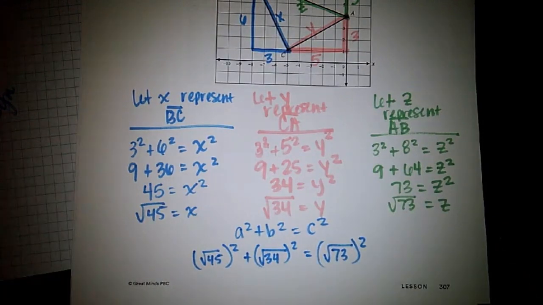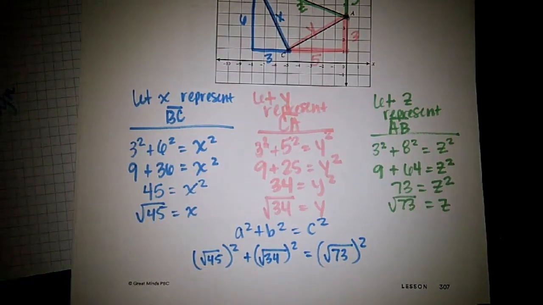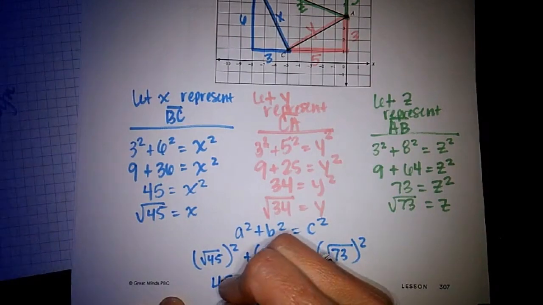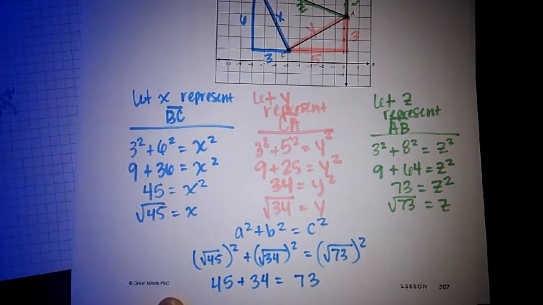Looks way scarier than it is. Check it out. What happens when you have a square and a square root? It equals the number under the radical. So now we have 45 plus 34 equals 73. What's 45 plus 34?